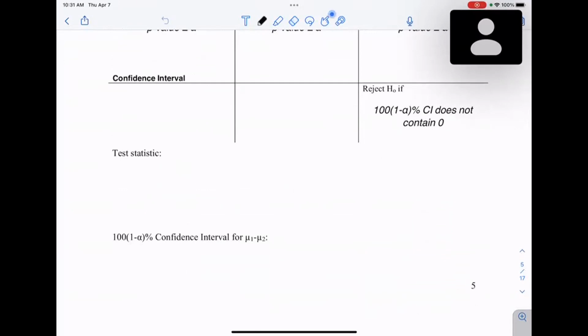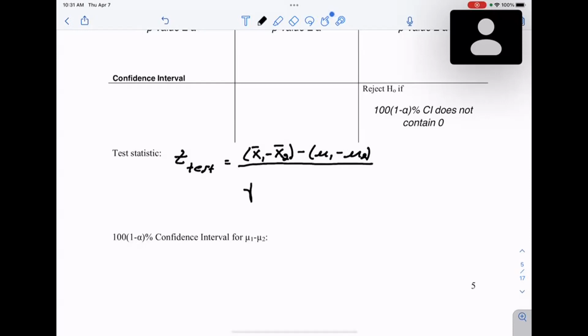The t-test statistic was found by x1 bar minus x2 bar minus mu1 minus mu2, divided by its corresponding standard deviation, which was S1 squared over N1 plus S2 squared over N2.